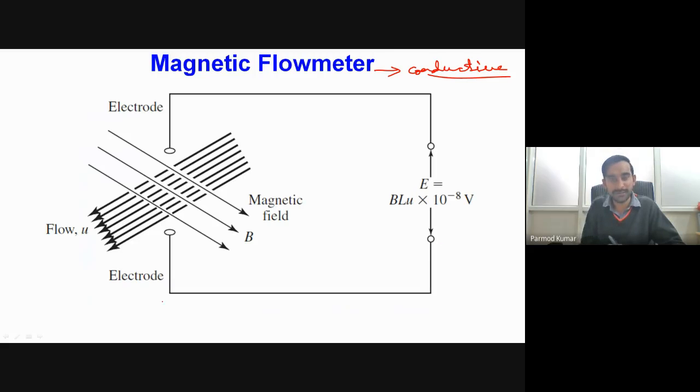So the output voltage we will be getting from here will be equal to B times L times u, where B is the magnetic field flux, and L is the characteristic length.